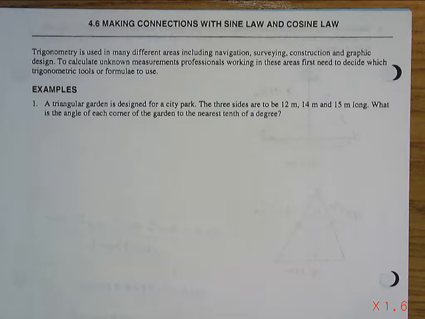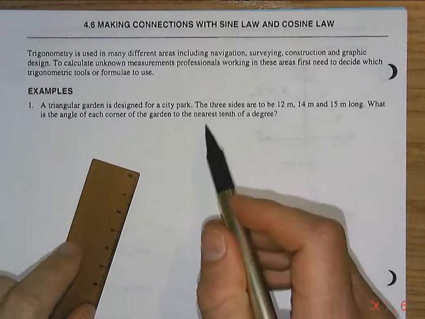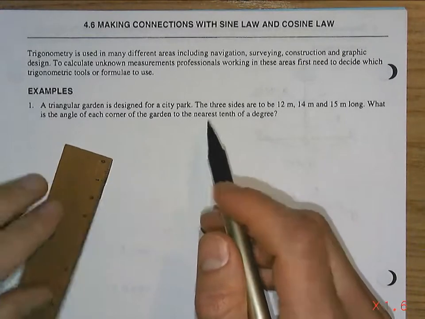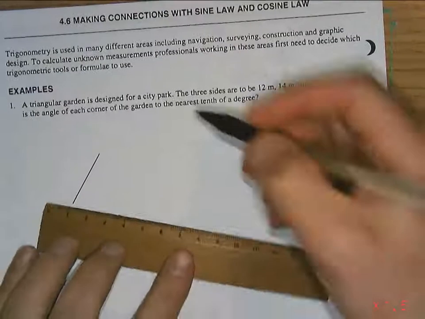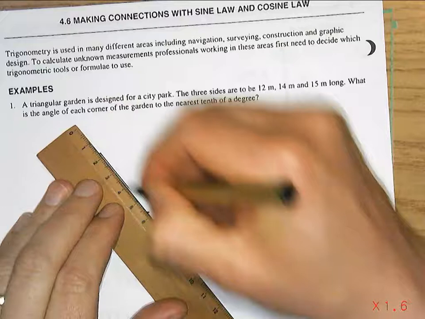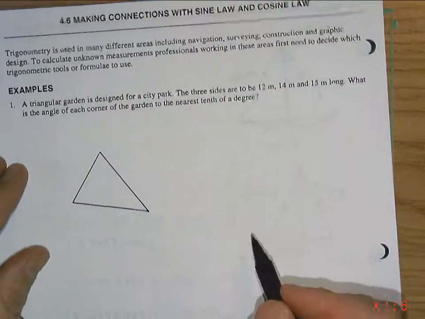Okay, so a triangular garden is designed for a city park. Triangular. I'm looking through, I see nothing about 90 degrees. I see nothing about any special shape. So I'm going to just draw a general, typical, nondescript triangle. It says it's going to have three sides, 12, 14, and 15 meters long.